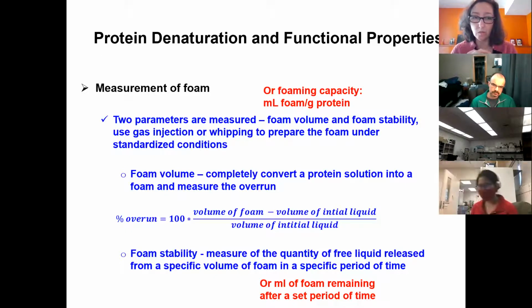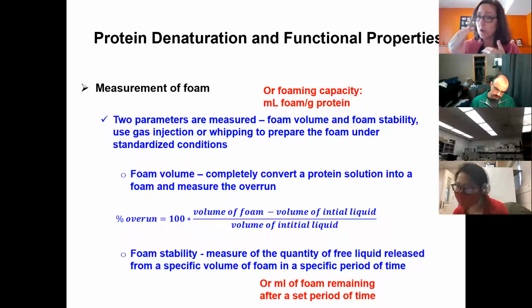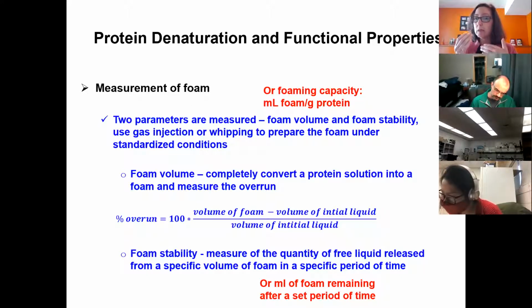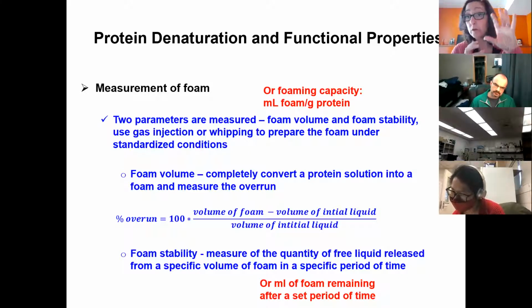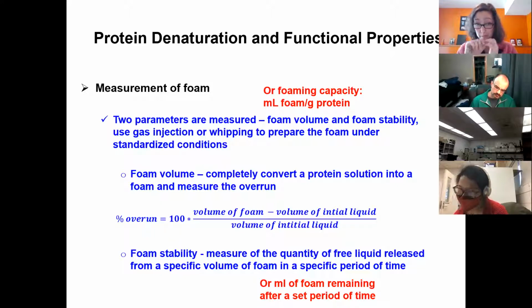That gives you the percent overrun. We commonly look at foaming capacity to evaluate the potential of a particular protein to form foam. And we look at stability over time. We measure the foam volume after a certain period of time after we formed it, and we can determine the change in the volume of the foam over time to determine the foaming stability.